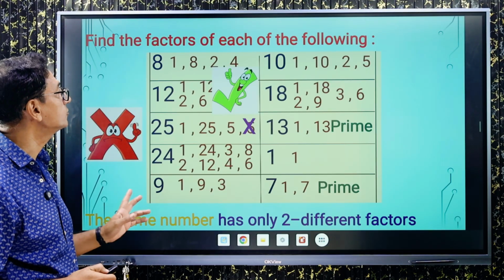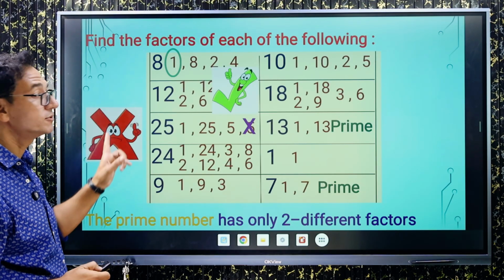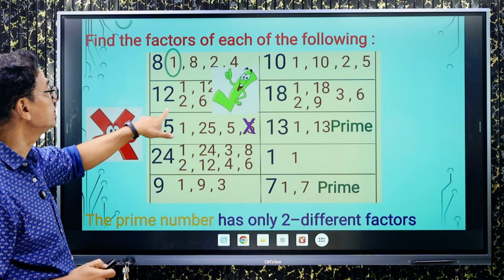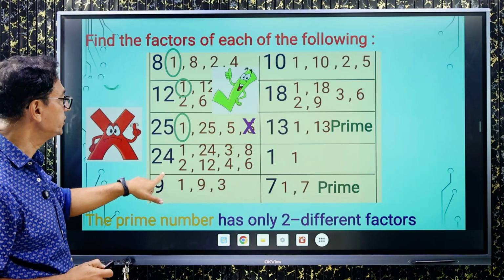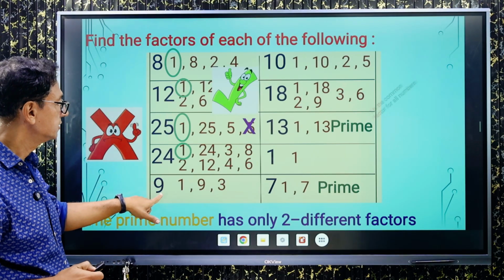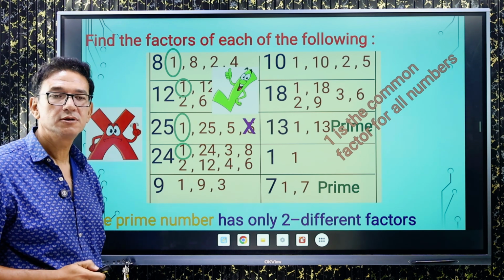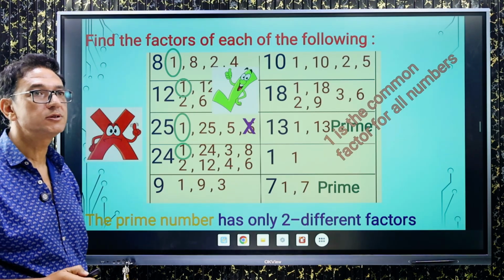So look at the factors. We have in the first number, which was 8, 1. And in 12, 1. 25, 1. 24, 1. So 1 is the common factor for all numbers. It means 1 is a repeated factor for all numbers.